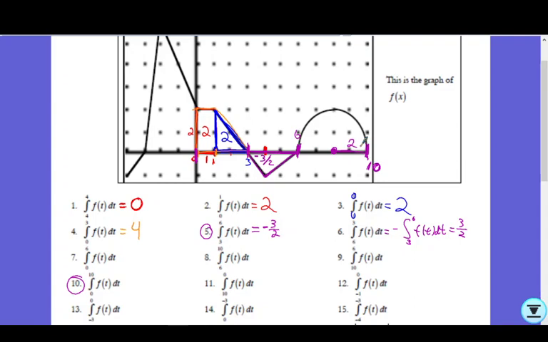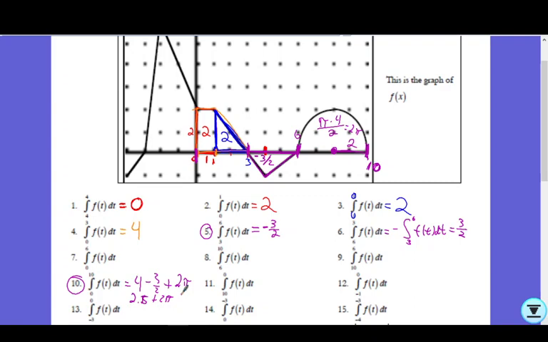So that means that our area is going to be pi times 4/2, which is 2 pi. So this area is 2 pi. When we add them all together, that means it's going to be 4 minus 3/2 plus 2 pi, which ends up being 2.5 plus 2 pi.